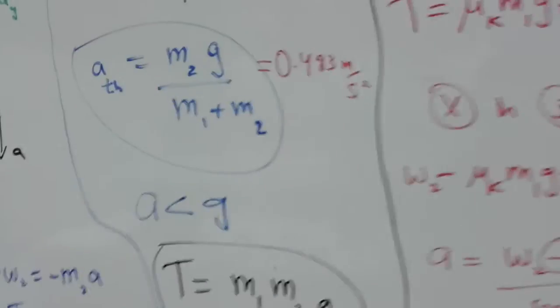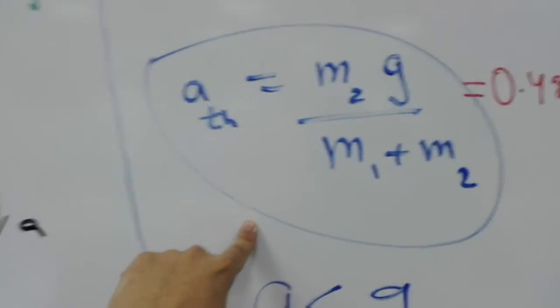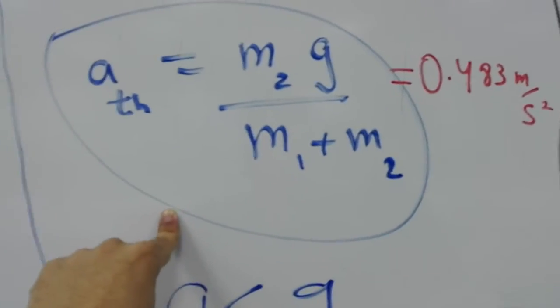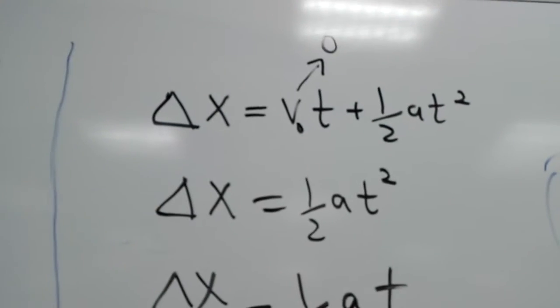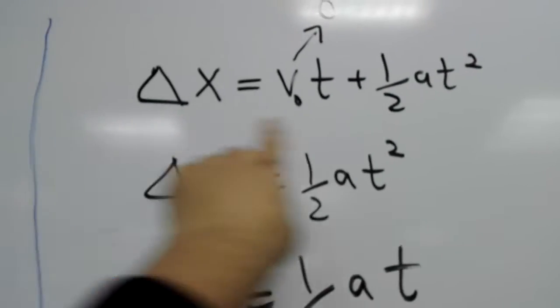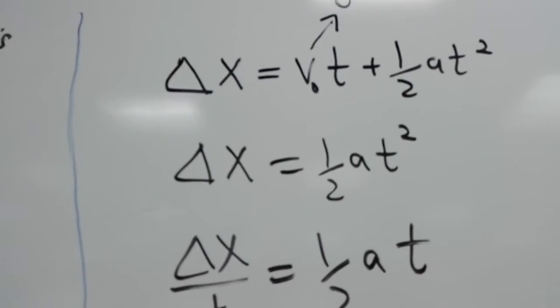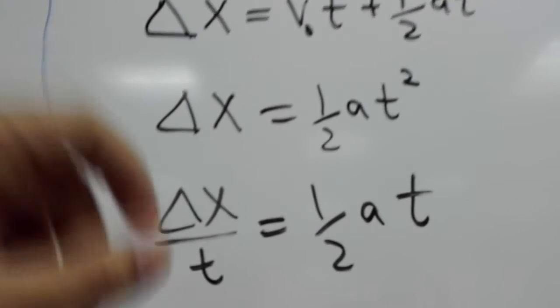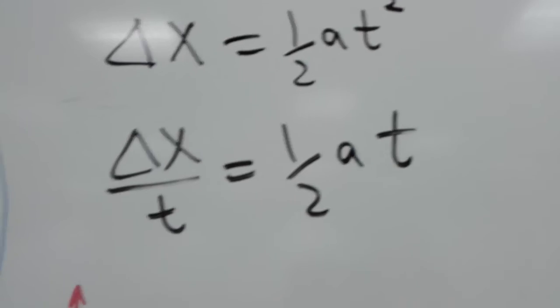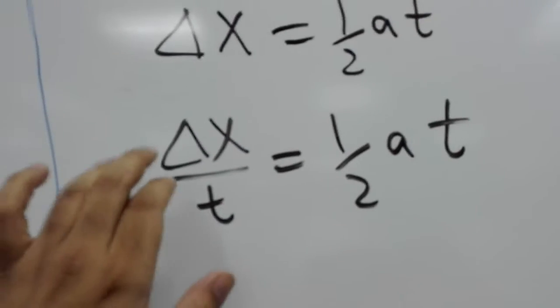So now you have a system that is accelerating with constant acceleration. This is motion with constant acceleration, and when we release the mass, we release it with zero velocity. So the position of the mass as a function of time is given by this equation: delta x equals half a t squared, and then you can divide by t on both sides to get this equation.